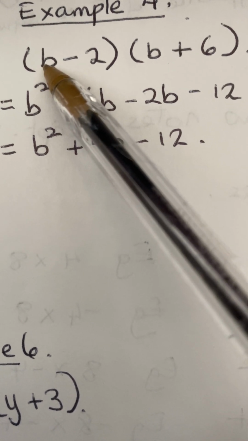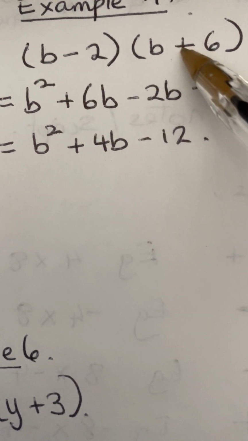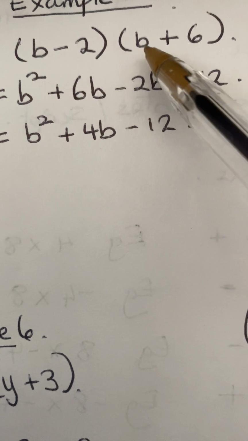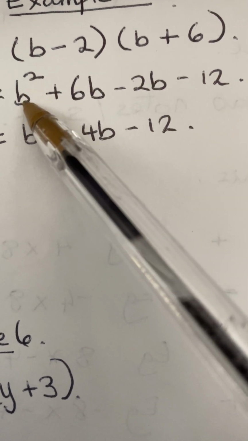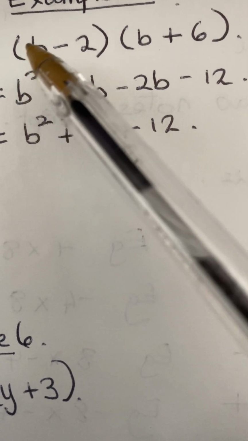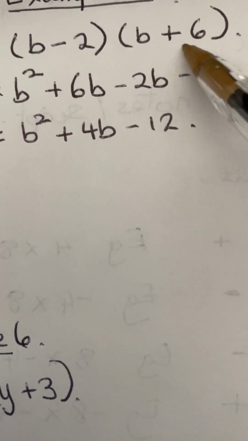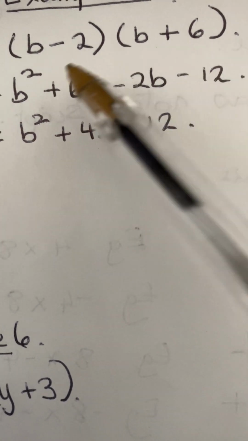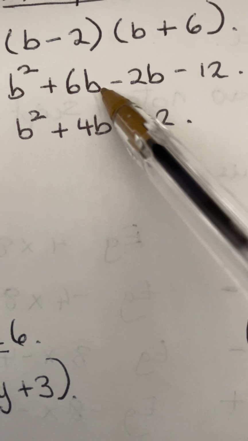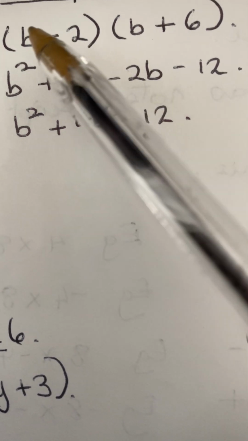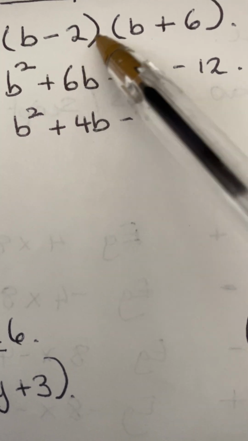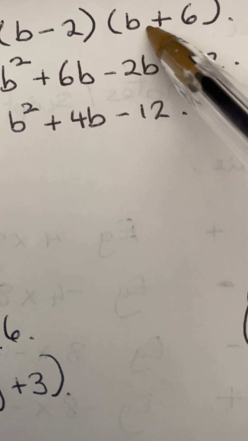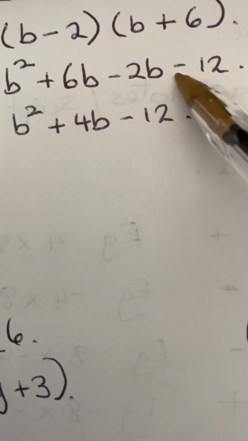B times B is B squared. B times positive 6 is positive 6b. Minus 2 times b is minus 2b.